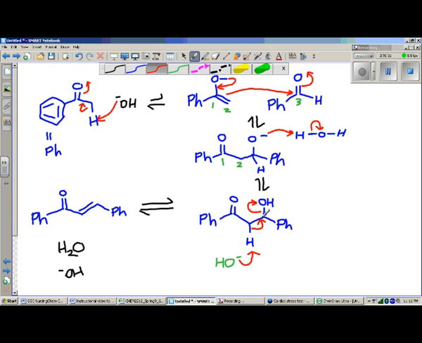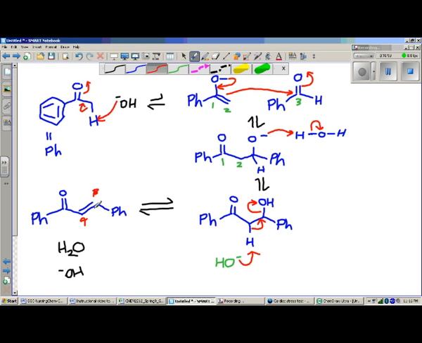So what we've done is we've formed the bond between the alpha and beta carbons, and we formed the alpha beta unsaturated carbonyl. And that is essentially the aldol condensation. It's really just a dehydration or a condensation of an aldol reaction product.